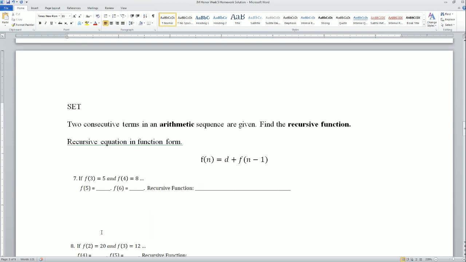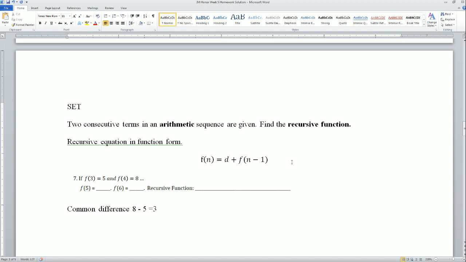First of all, to find the common difference, this is the 4th term, and this is the 3rd term. So you do 8 subtract 5, which is going to be equal to 3. Good? You're going up by 3 each time.